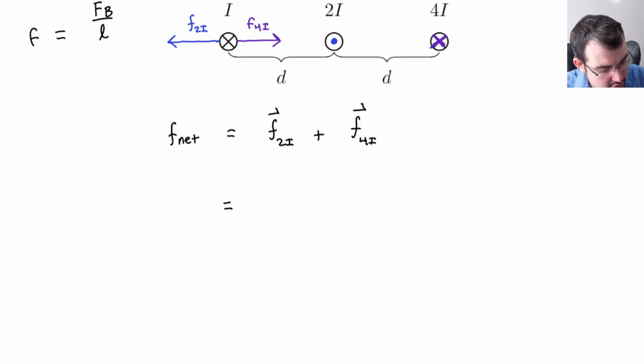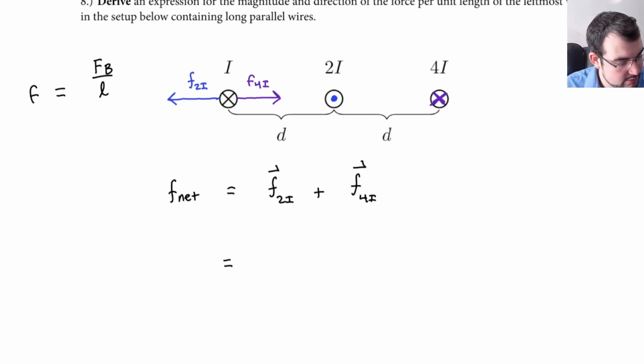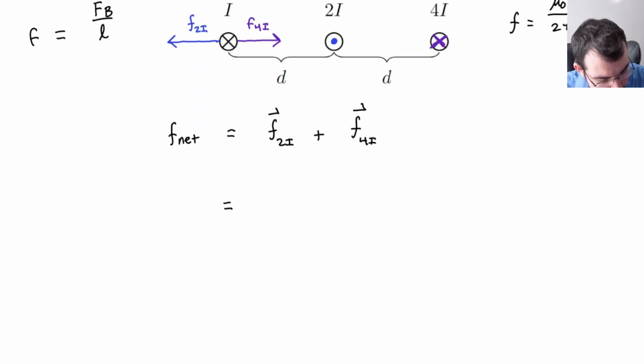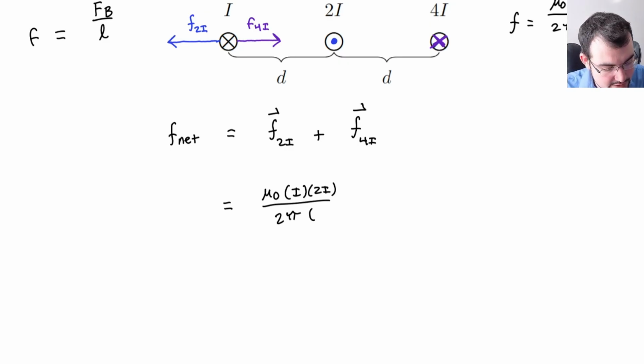From the 2I, of course, our new formula is force per unit length equals mu naught I over 2 pi r. So we get mu naught times the first current times the second current divided by 2 pi. And this separation is just 1d between the first two.